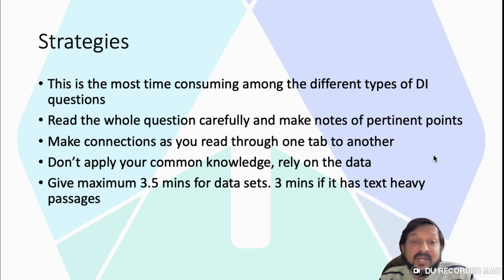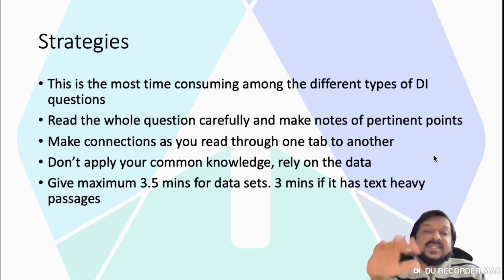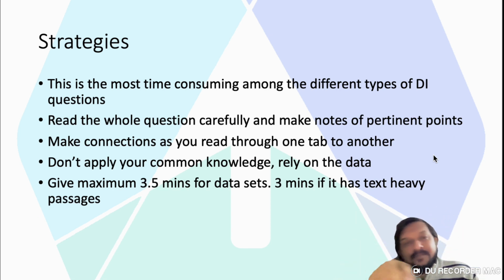That is true only if you have a mixture of text and data and you have to do some scribbling and calculations to understand where it is going. If it is a text-heavy passage, which is basically two text passages, just read the passages and try to understand the theme, at most 3 minutes. That is how you solve this question.